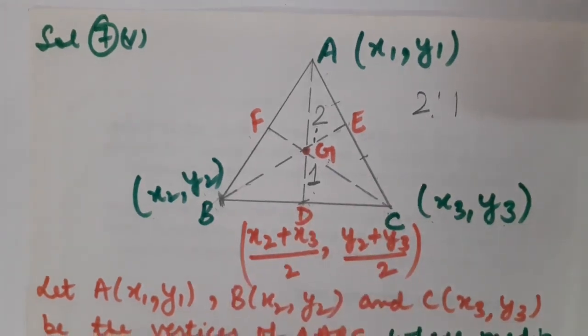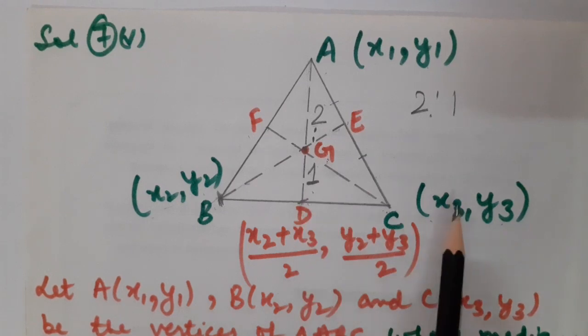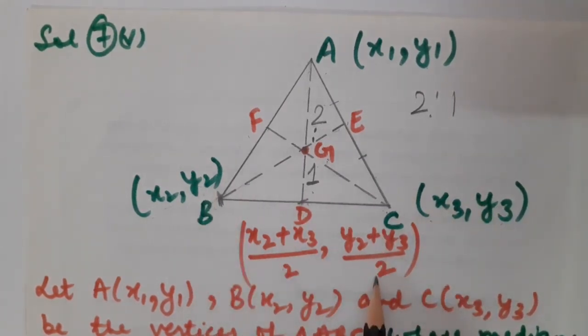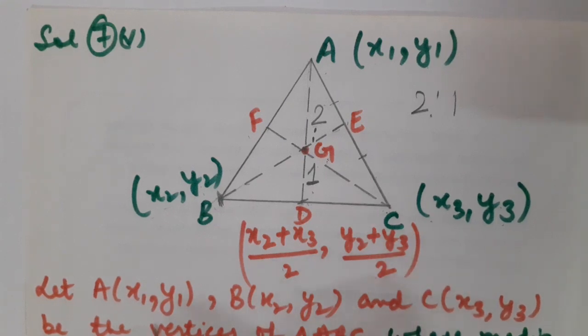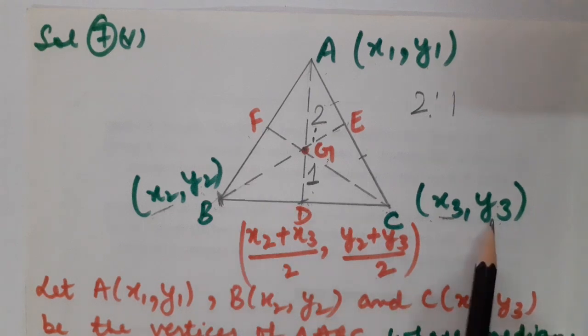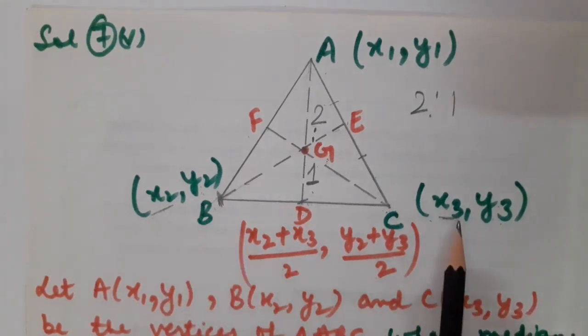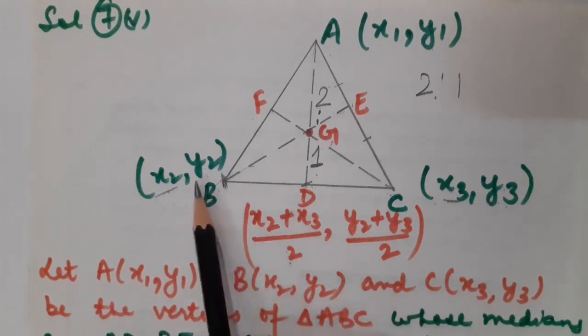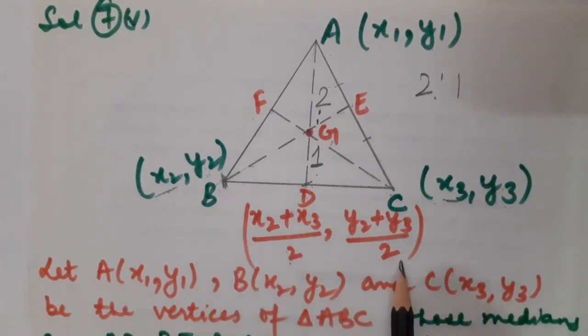So the midpoint formula is x1 plus x2 divided by 2, y1 plus y2 divided by 2. But here at place of x1 you should speak x2, and at place of x2 you should speak x3. Similarly for y2 and y3. So the midpoint would be x2 plus x3 divided by 2, y2 plus y3 divided by 2.